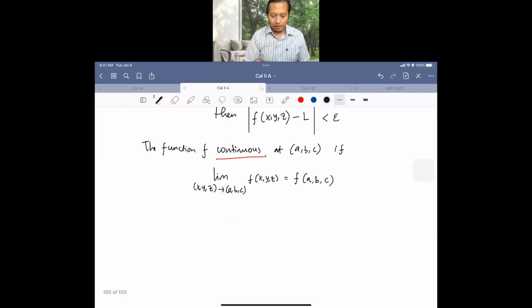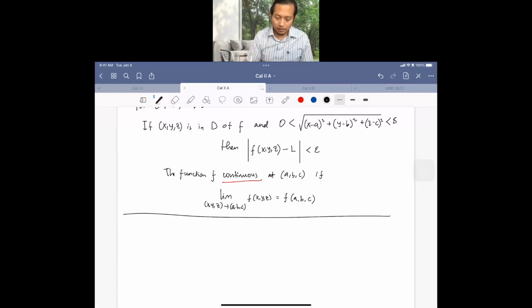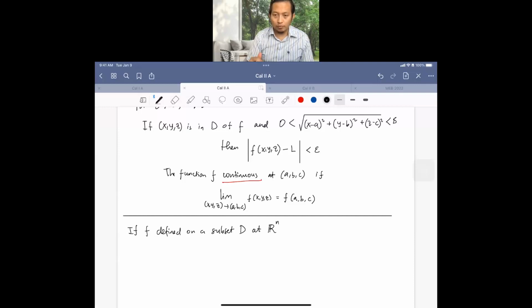So generally speaking, when you have more than 2 or 3, 4, 5, 6 variables, we can develop some general definitions. Okay? So we can write the general definition as follows: if f is defined on a subset of some space with many dimensions, let's just say the dimension is n.